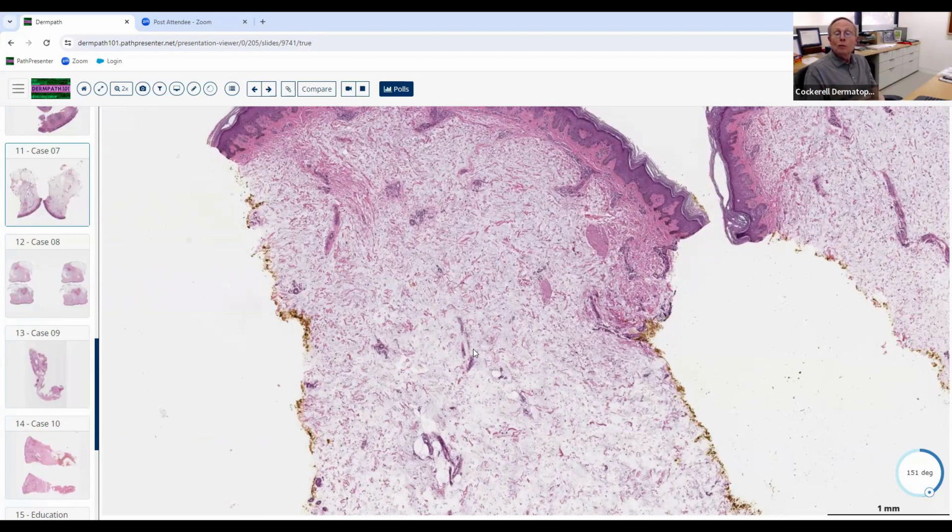So you can see it in dermatomyositis on occasion also. But not too many other diseases will give you this massive mucin like this. Other thyroid disorders other than pretibial myxedema, sometimes you get lots of mucin. If you biopsy somebody who's got cutis verticis gyrata, sometimes they can get a lot of mucin there, but never really quite like this.